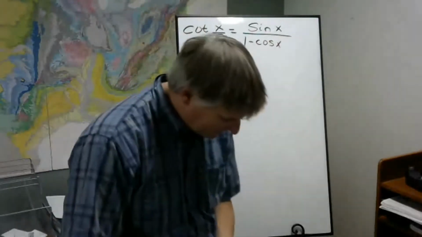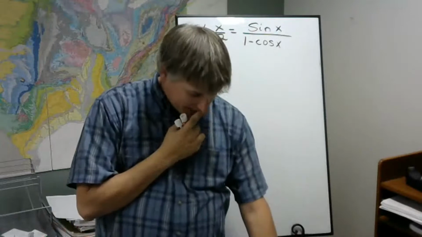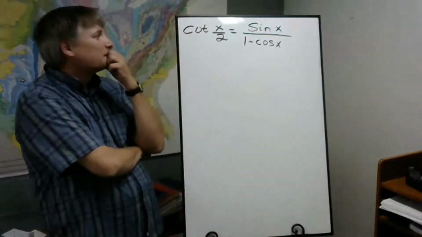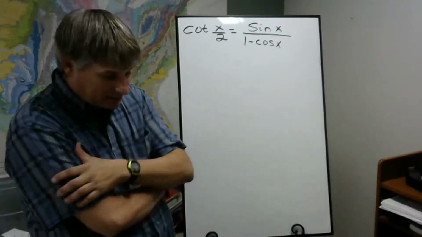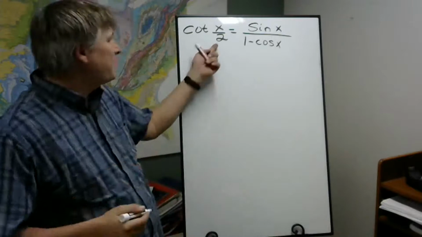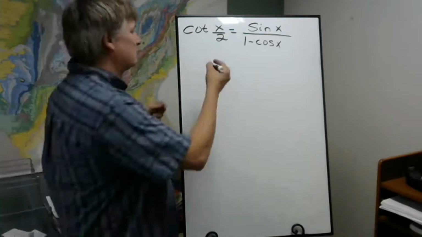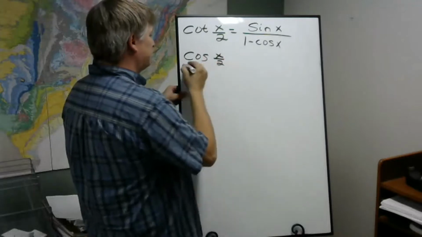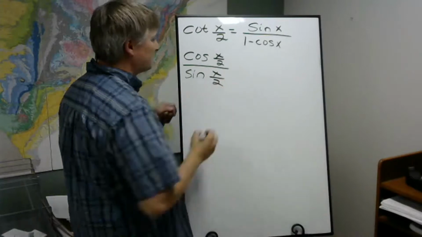All right. So cotangent of x over 2. Wow. So for this one here, it might help. And since we're looking at 6.3, now you wouldn't know this on the test, but if you're dealing with a half angle formula, I think what I'm going to try to do is rewrite this as cosine x over 2 over sine x over 2.